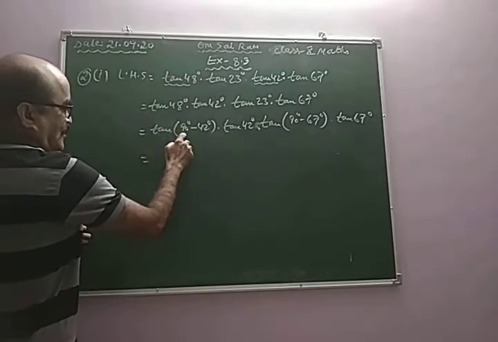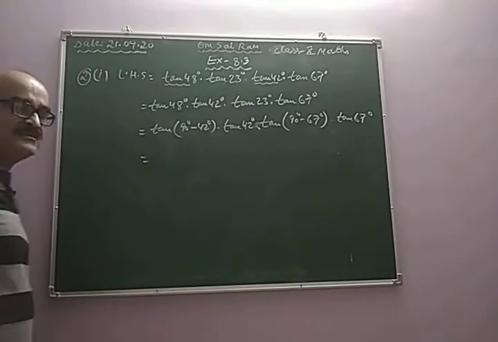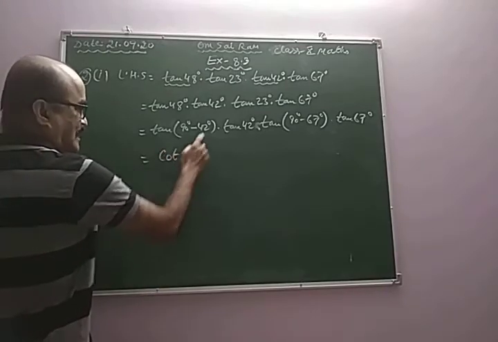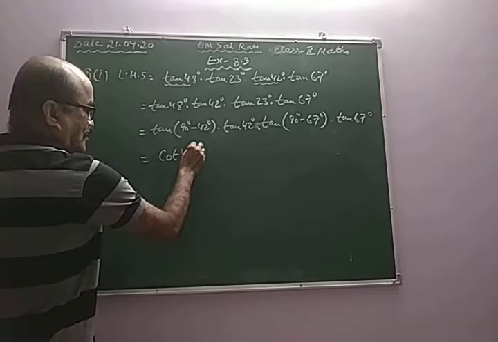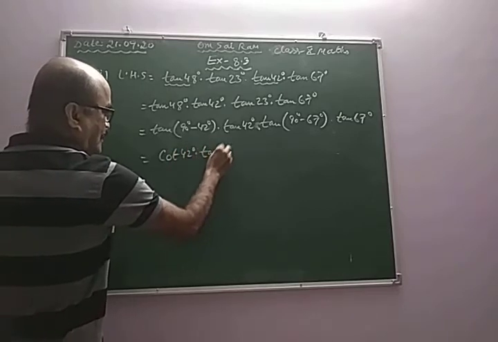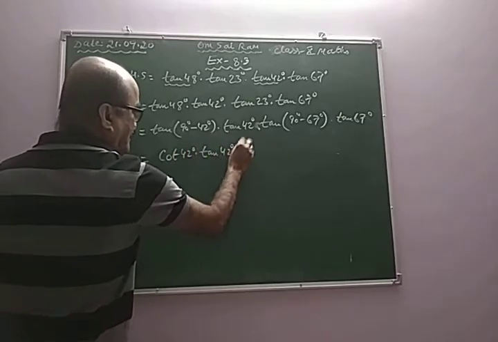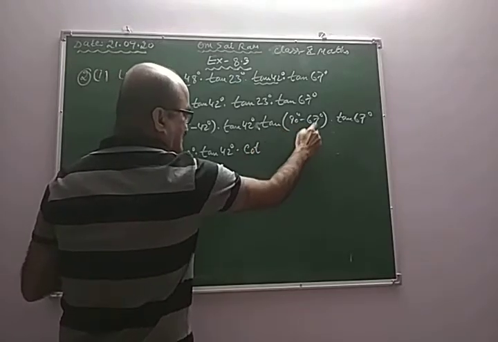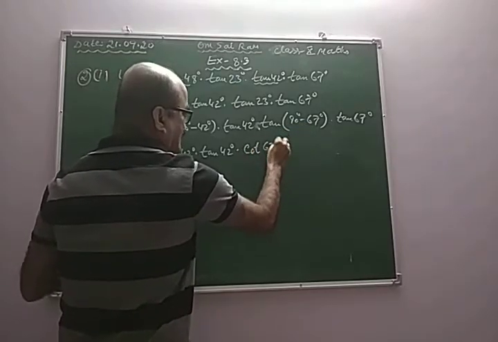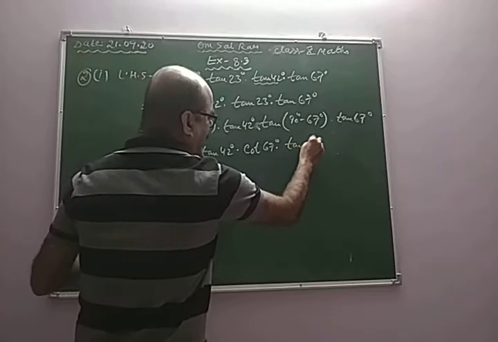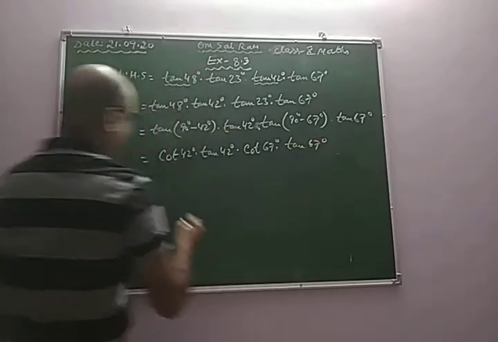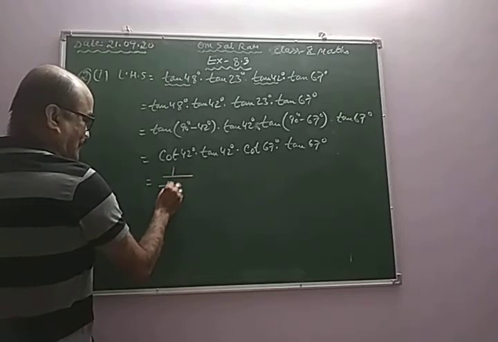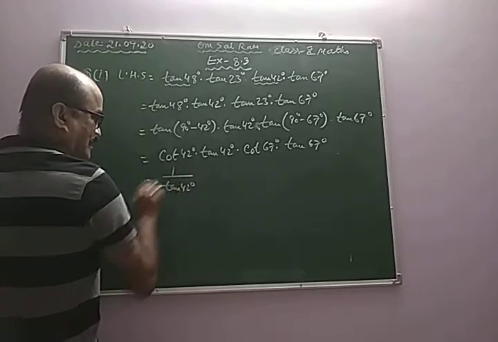Now, as we know that tan of 90 minus theta is cot theta, and theta is 42 degree, so cot 42 into tan 42. Tan of 90 minus theta is cot theta, theta is 67, cot 67 degree and tan 67 degree.